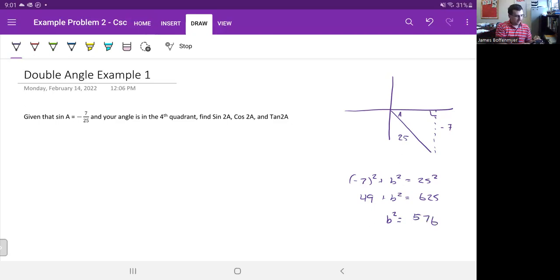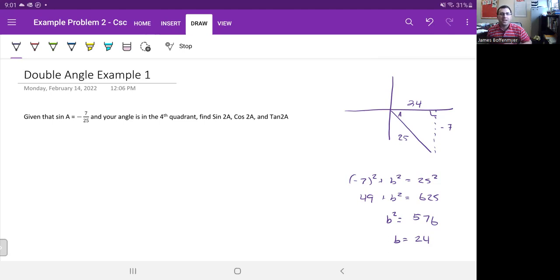And if my memory is right, the square root of 576 is 24. Now, it's a positive 24 because we're on the right side of the y-axis. To the right of the y-axis, your x values are positive. So keep that in mind.